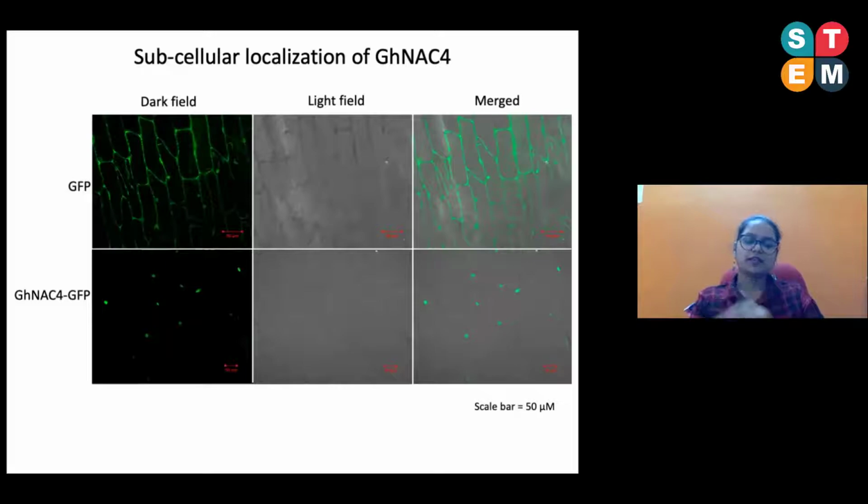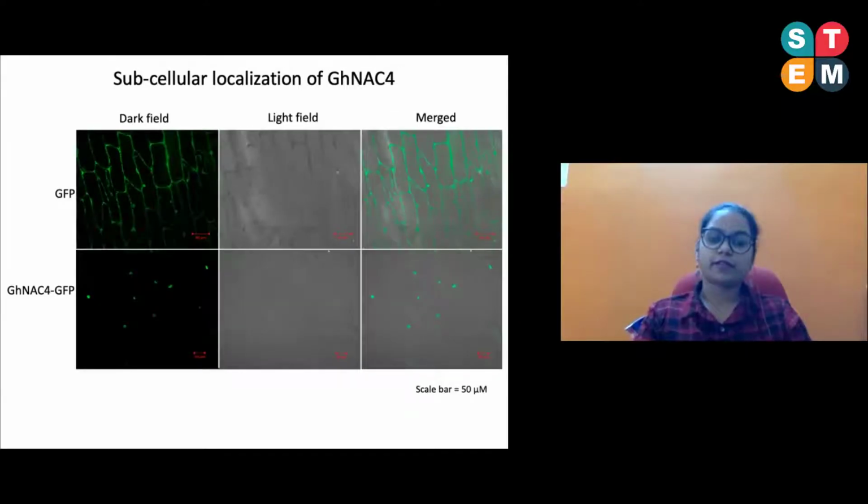In this technique, we take agrobacterium, which is transformed with a particular plasmid of our interest, and that is injected into the intercellular spaces of a tissue, like a leaf, and the agrobacterium goes on and infects the neighboring cells. So agroinfiltration of a plasmid where GH-NAC4 is fused to a GFP shows that it is predominantly localized in the nucleus.